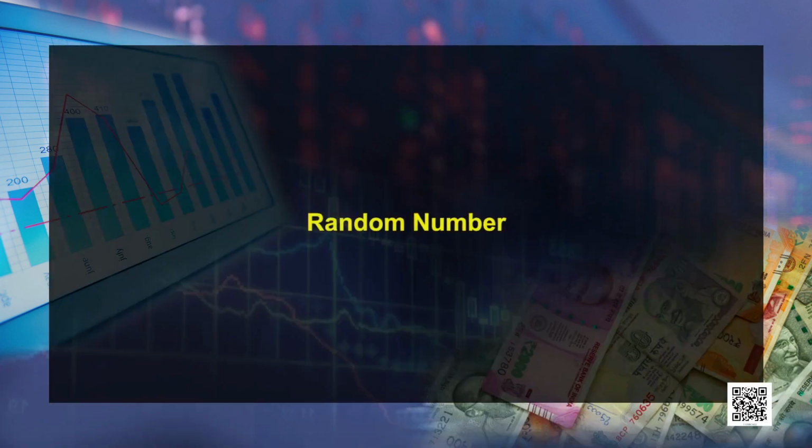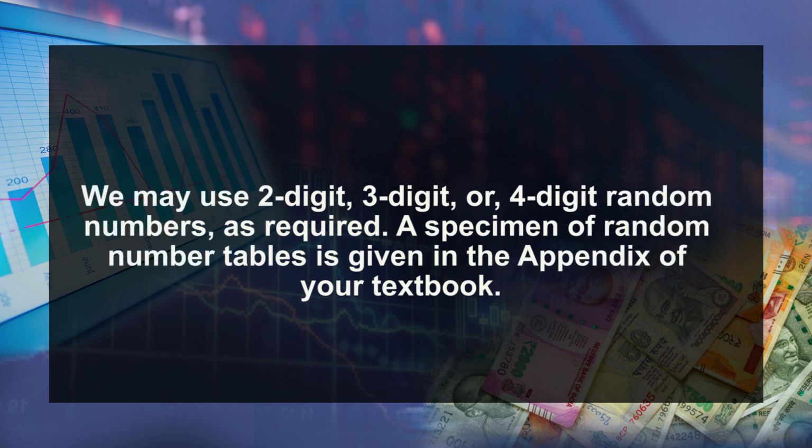The important property of random number tables is that we may open the book at any page and start reading the numbers row-wise or column-wise from any point. The numbers so obtained are random numbers. We may use 2-digit, 3-digit or 4-digit random numbers as required. A specimen of the random number table is given in the appendix of your statistics textbook.